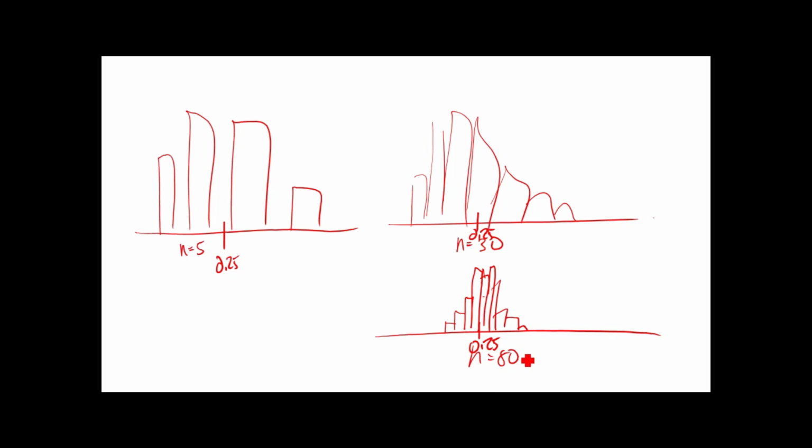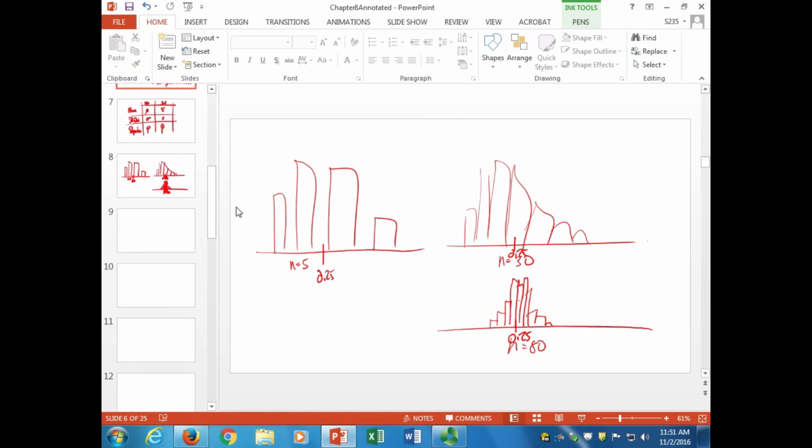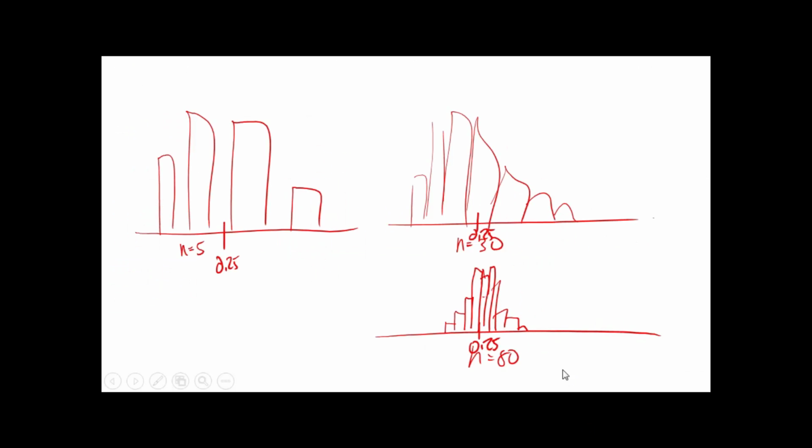So what we notice is that as you take more samples from your population, the sample proportion is not only centered around the truth, but it also has this nice normal distribution, which is exactly what I was hoping for, because that's promising because we know a lot about normal distributions, and we know how to calculate a lot of probabilities associated with normal distributions. All right.